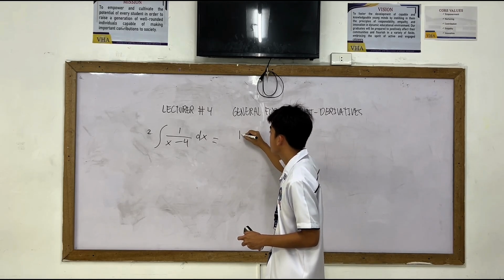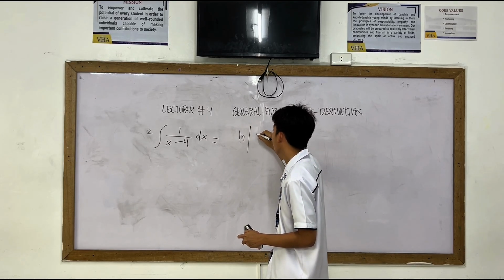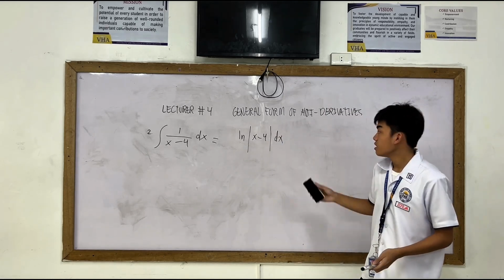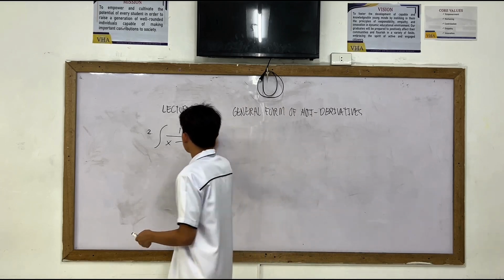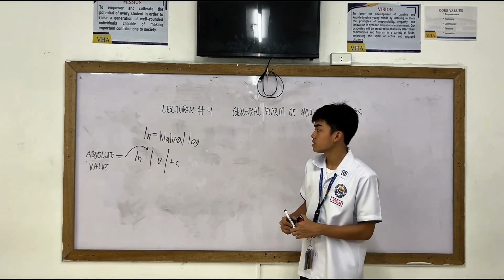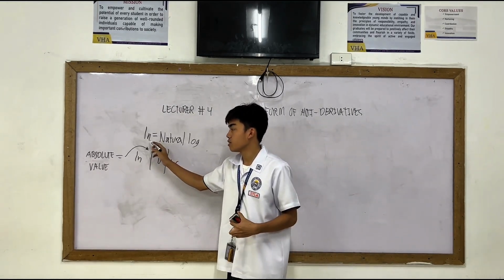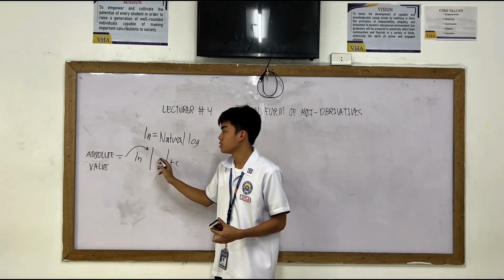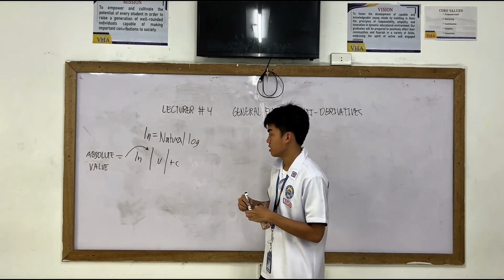So let's put it in. And next will be, so this is called the natural log, which I forgot to mention. And this is the absolute value, which represents it.